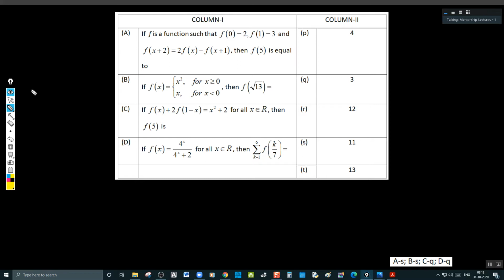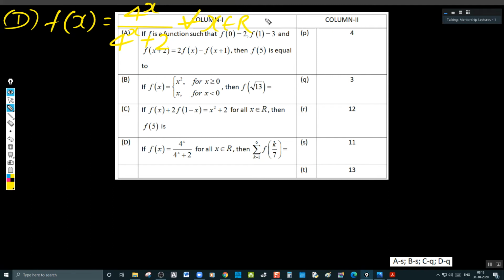D is f of x is equal to 4 power x divided by 4 power x plus 2, for all x belongs to R, he's saying.